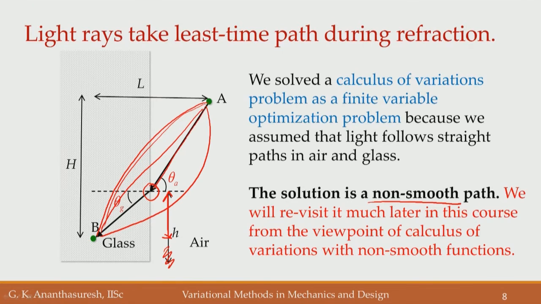This is a curve, only thing is it is two straight lines that are piecewise continuous. At this point there is a non-differentiable point, that is, the derivative is not uniquely defined at that point, there is a kink in the path, and that can be handled in the framework of calculus of variations, where we say there is an unknown function. If I call this y of x, that unknown function itself can be computed.